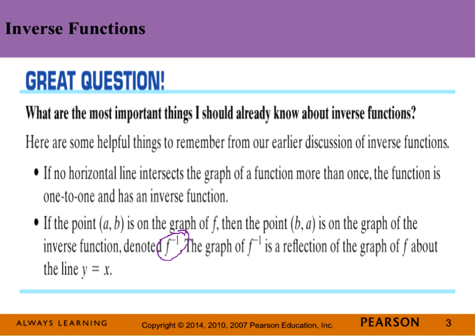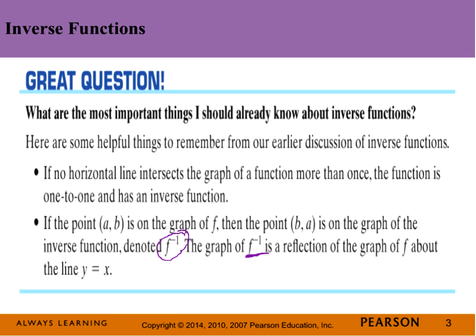Now, this is not f raised to an exponent of -1, which would make it like 1/f. That is not what we're looking at here. This is simply notation saying we're talking about the inverse function. So I definitely wanted to point that out to you because that notation can be confusing to look at.